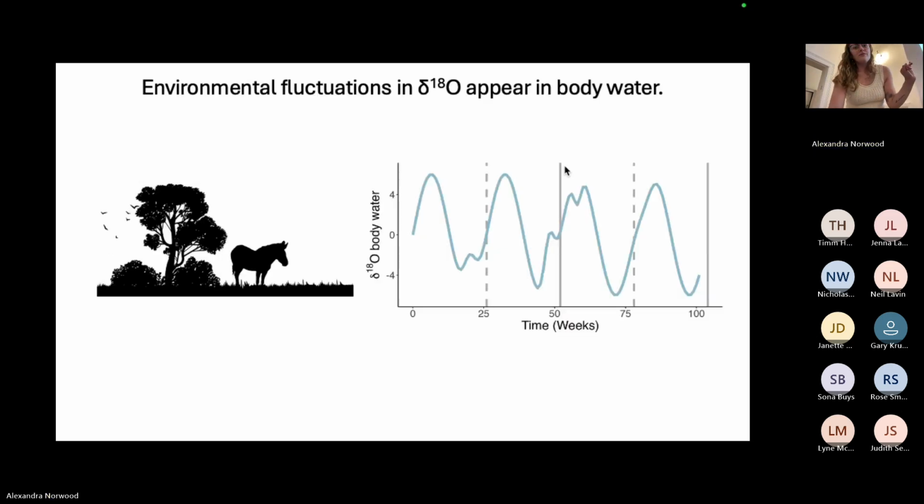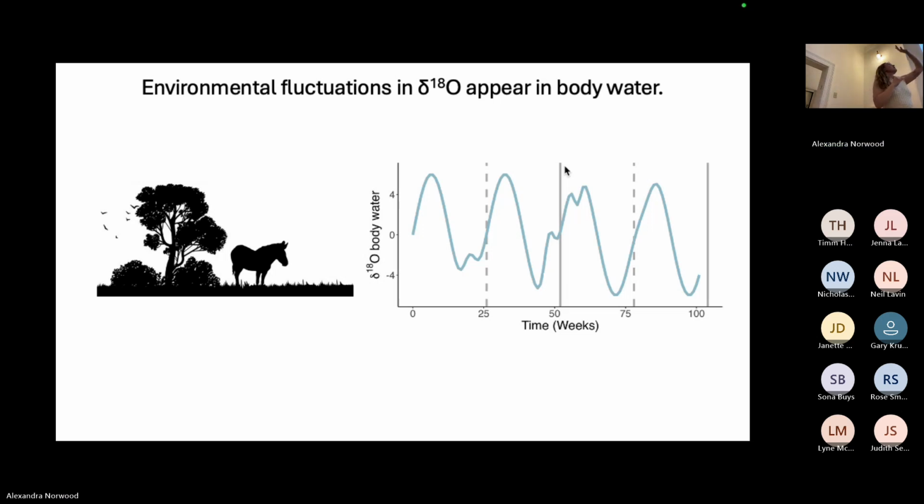I'm going to talk about oxygen isotopes now, but we're sort of tracking the same idea as carbon, that your oxygen isotopes will change as your environment changes because they're related to the water you consume. So oxygen isotopes change if you're in a rainy season versus a dry season. So we can theoretically track those rainy versus dry seasons with oxygen isotopes.